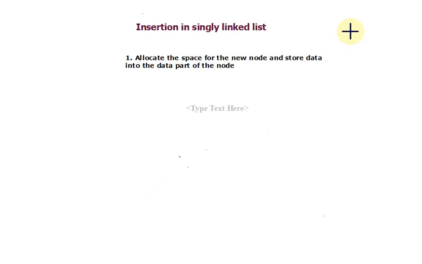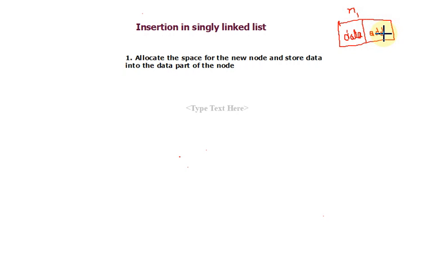I already discussed our node has two parts. Suppose this one is your node n1, and the two different parts of your node are: first one is used to store the data part, and second one is used to hold the address of your next node.